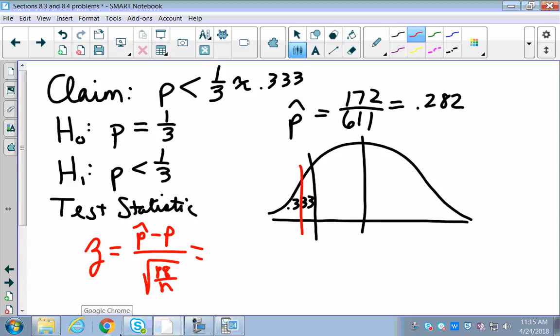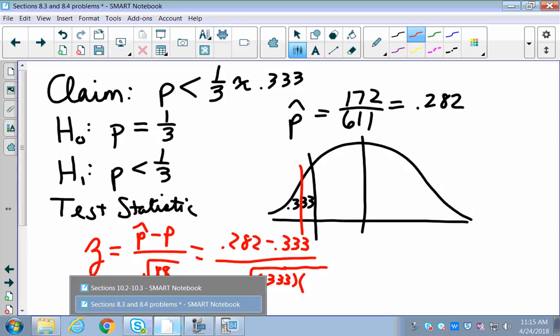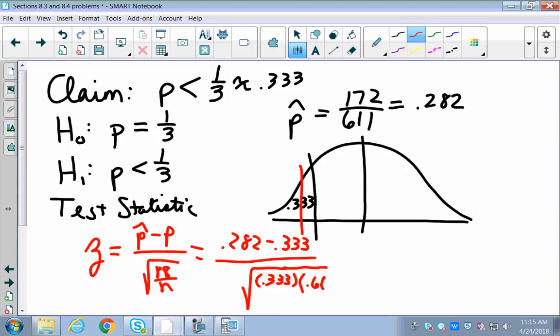P hat is 0.282 minus 0.333, divided by the square root of P, 0.333, times Q, which would be 0.667, all divided by n, 611.